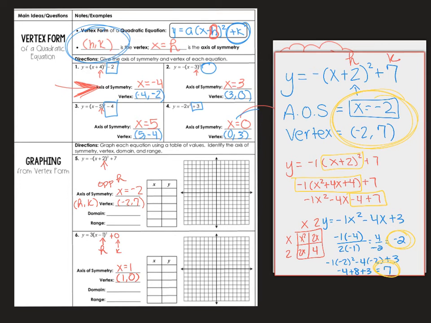So on the calculator, you can go to y equals, type in the equation exactly like you see it, including the parentheses, and then go to second graph. That way you can input the points that you're looking for. For your table, the axis of symmetry will go in the center, and then you can build from there.